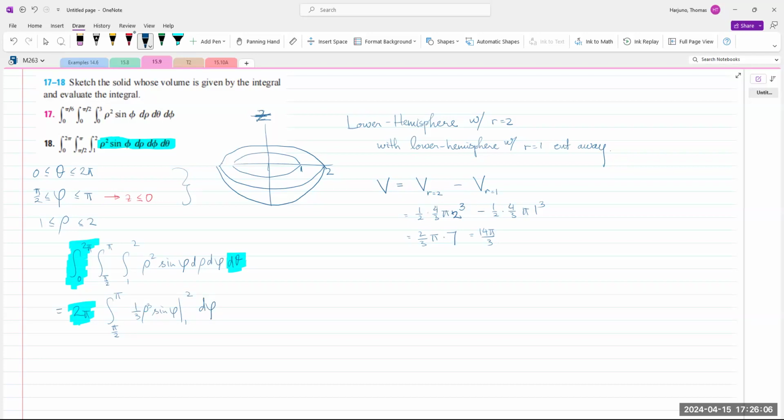Is it right? That is 2 pi over 3 integral from pi over 2 to pi of 8 minus 1, that's 7, sine phi d phi. Well, the area of sine phi in the second quadrant is 1. You can just integrate it, and you will get 14 pi over 3.